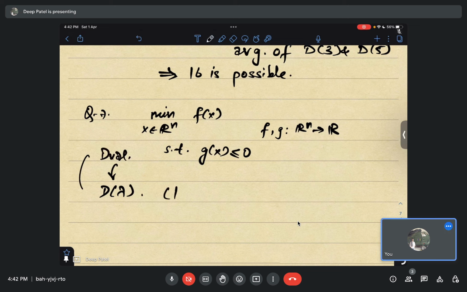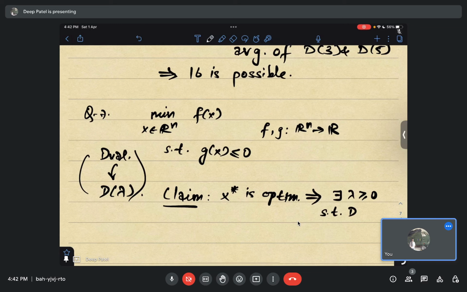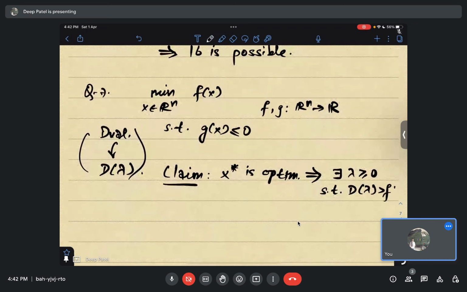Claim is: x star is optimal. Then there exists a positive lambda such that d(lambda) is strictly greater than f of x star.